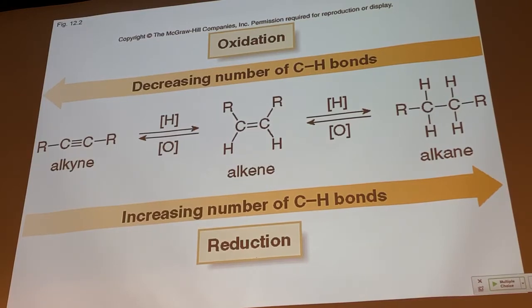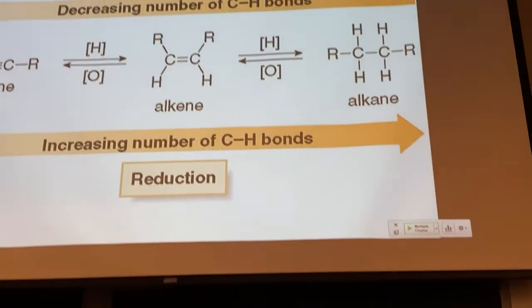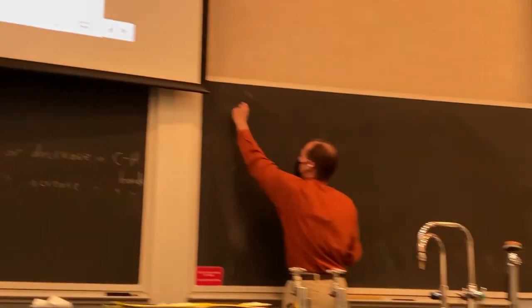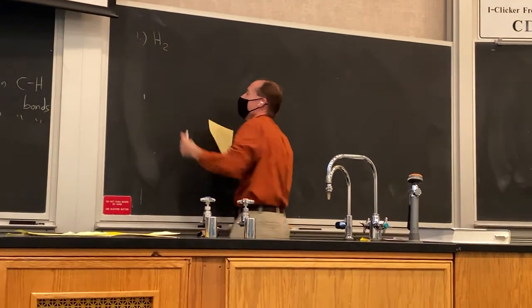I've told you that in a reduction reaction, we are adding hydrogen to a molecule. And there are three ways we can do this. Three ways to add hydrogen. Perhaps the simplest is to use hydrogen itself. Okay?